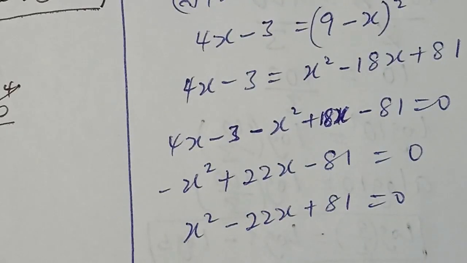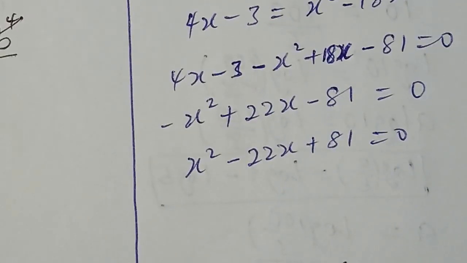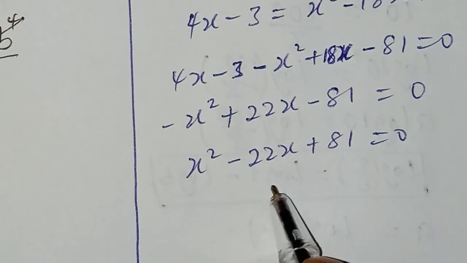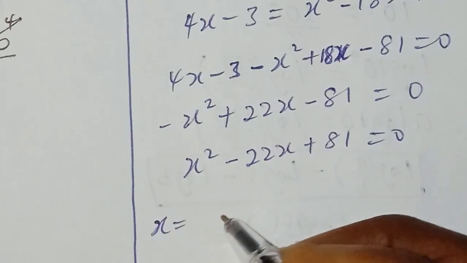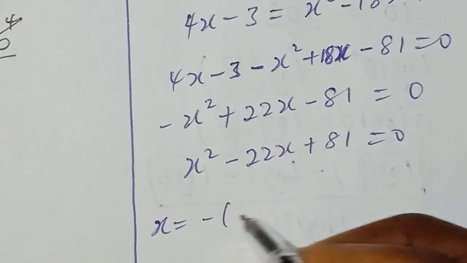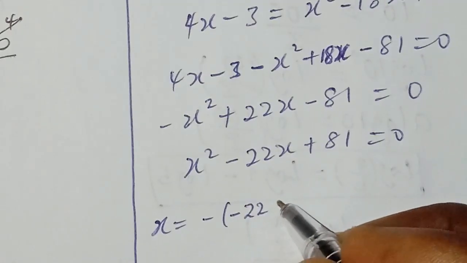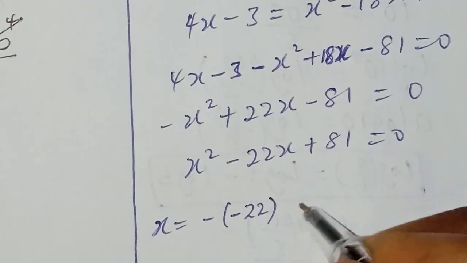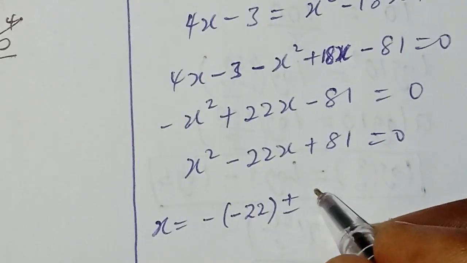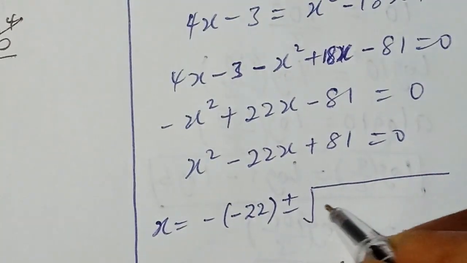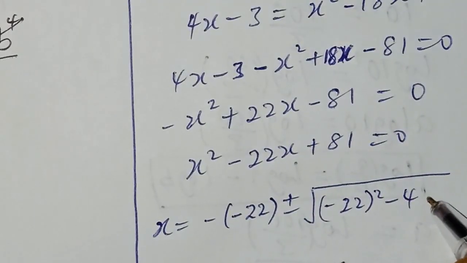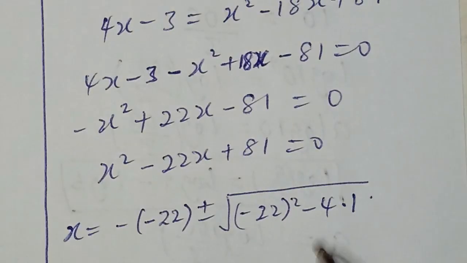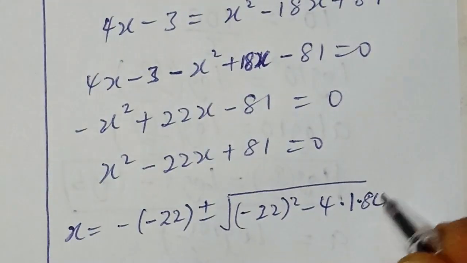This quadratic equation, we need to solve for x. So we use the quadratic formula, which implies x equal to minus into brackets minus 22, close the bracket, plus or minus square root of minus 22 squared minus 4 multiplied by 1 multiplied by 84.